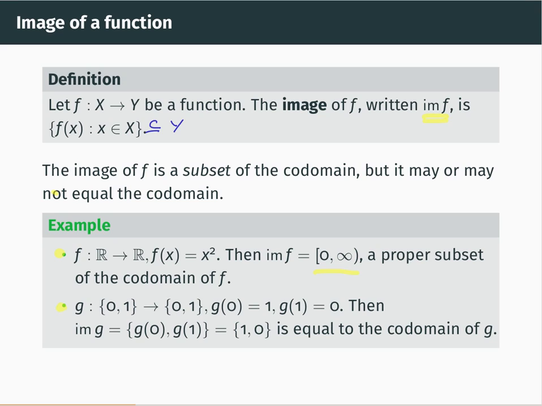So in our case, that's equal to {1, 0}, and that is also equal to the whole codomain. So g is an example of a function where the image was equal to the codomain. Of course, remember, it doesn't matter what order we write things in when we're talking about sets. The set containing 1 and 0 is equal to the set containing 0 and 1 because they've got the same elements.